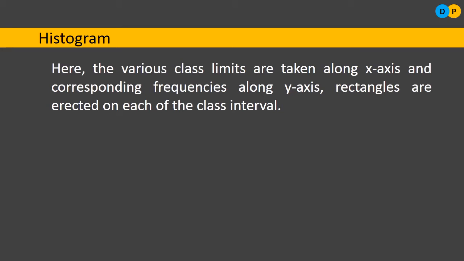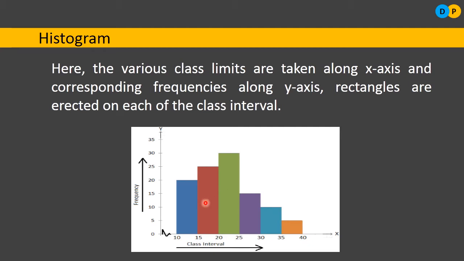The various class limits are taken along the x-axis, for example 0 to 10, 10 to 20, 20 to 30, like that. Corresponding to each class there will be a frequency, and the frequency will be taken along the y-axis.